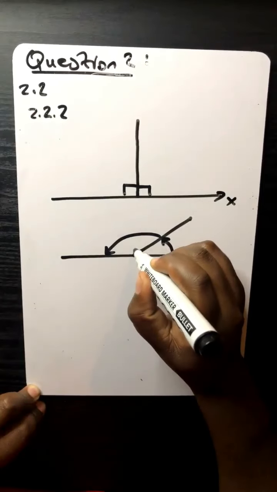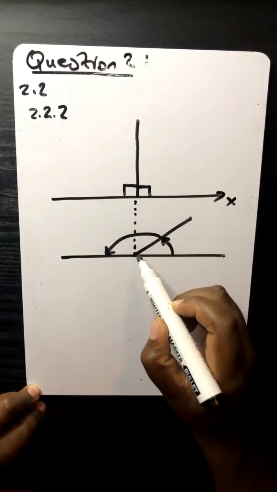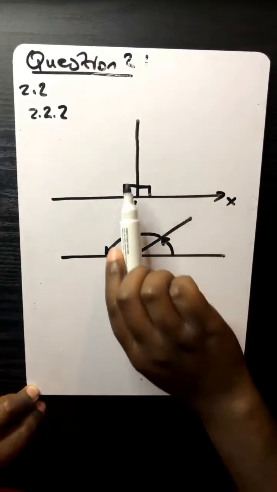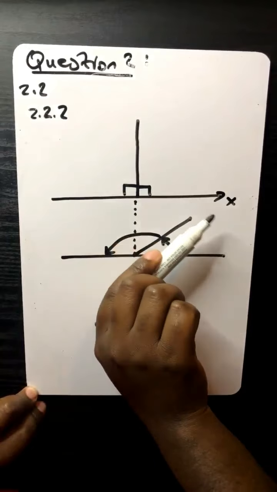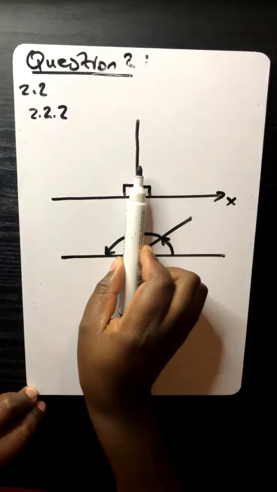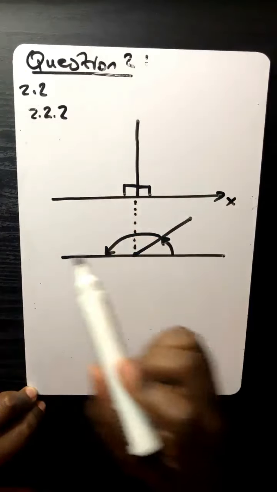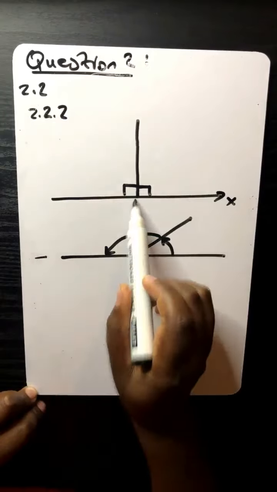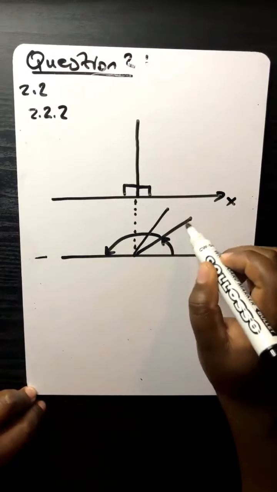So make reference to that vertical line by saying, for all the lines which lie on this side, they are acute angles, which means they are angles less than 90 degrees. For all the lines which lie in these directions, they are obtuse angles, which is an angle between 90 and 180. So if you have that line, it has a different angle from that line.